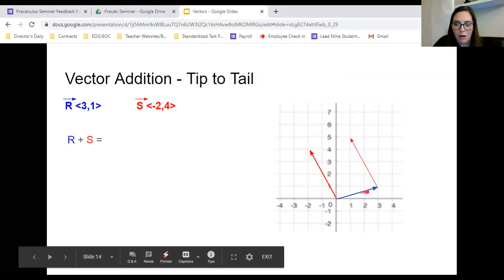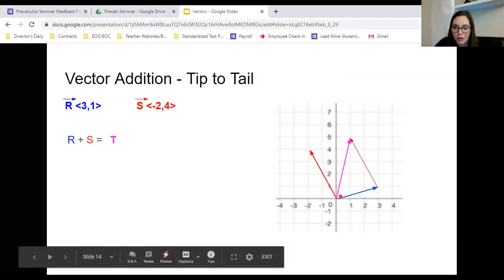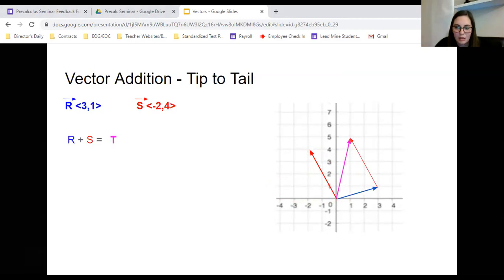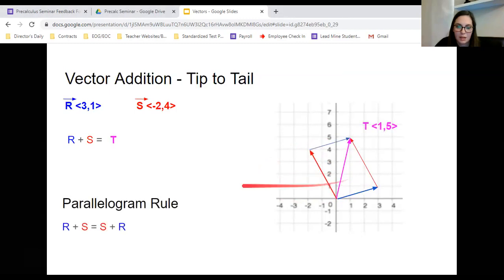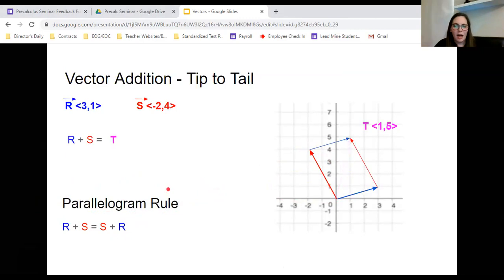So we're going to have R plus S. And remember how we talked about vectors are always about displacement? So my resulting vector is going to go from the origin to where I ended up, the tip of S. Now, there's something called the parallelogram rule. If everybody thinks about some of the properties of addition, the order that you add doesn't really matter.